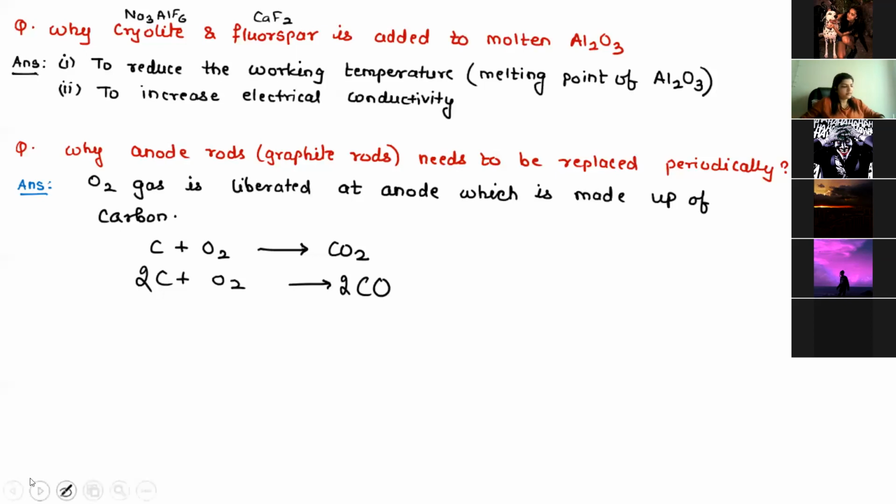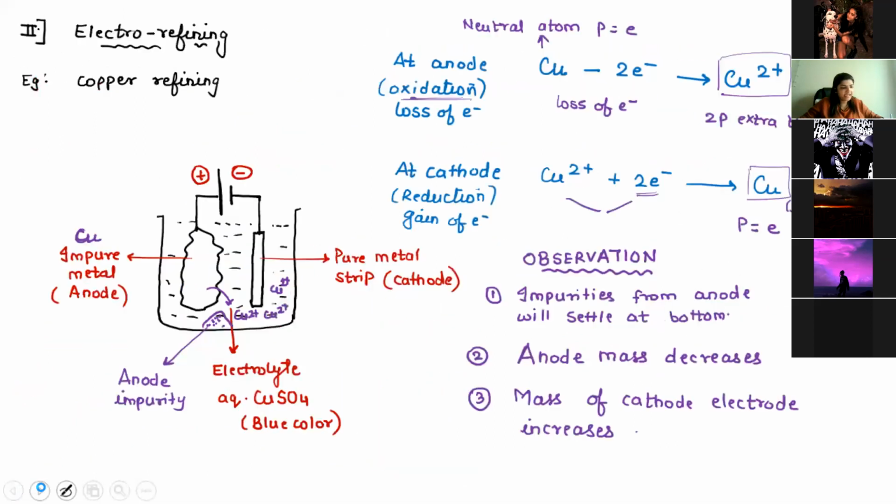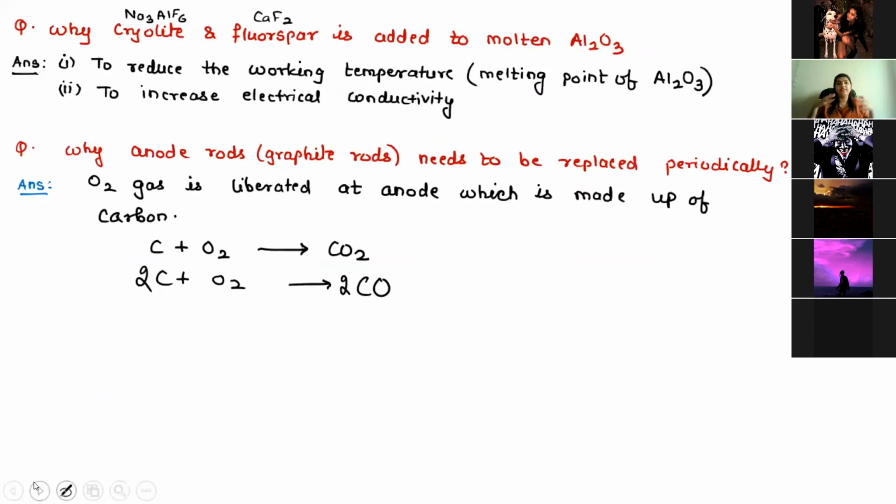Okay, so this was overall about the topic electrolysis. Any doubts? And yes, as I told you, though you have done electrolysis in year 10, normally this is a year 10 topic, but it depends on school to school. But I felt to do this in year 11. The reason is because this topic is very new.